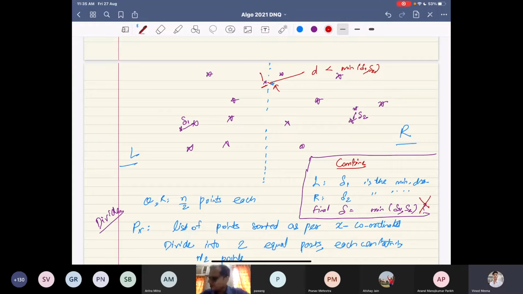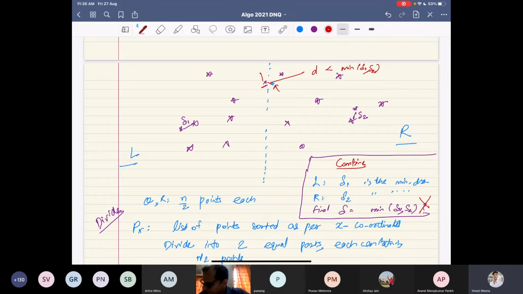Sir, we can add one more step in this part after dividing in two parts. Sir, if we find the minimum of delta 1, delta 2, then we can divide a plane whose distance from the partition will be delta. Okay, good.